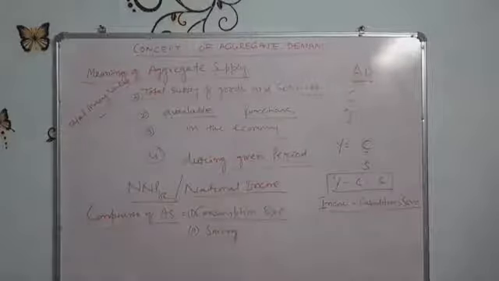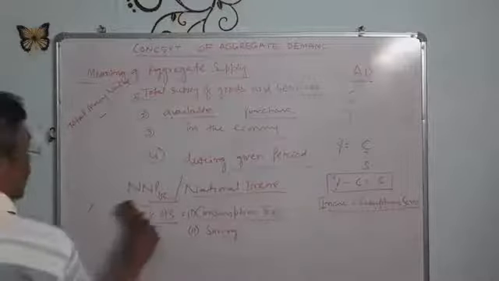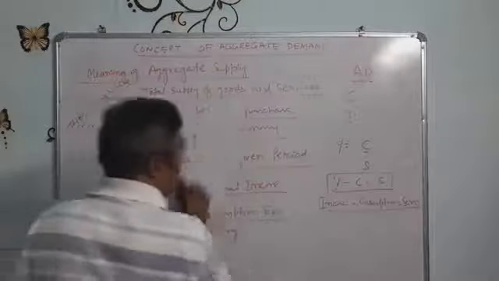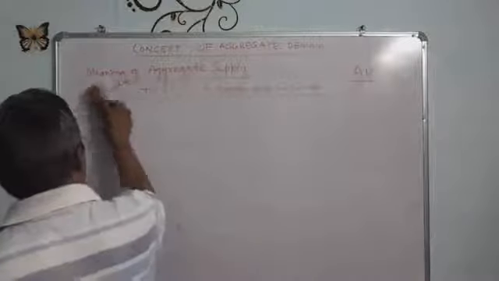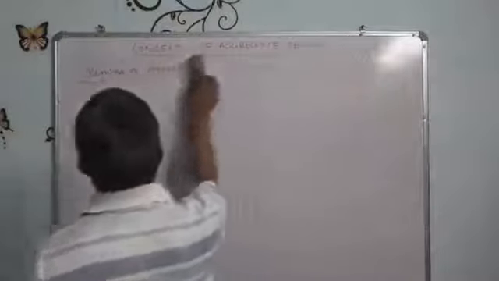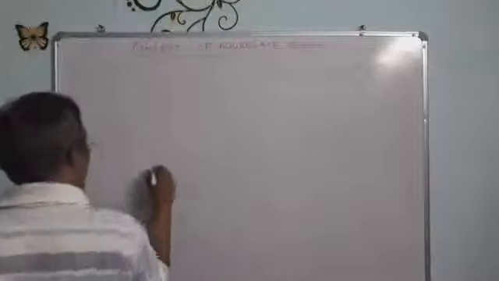So the aggregate supply curve will move upwards at a 45-degree angle. I will draw that later.